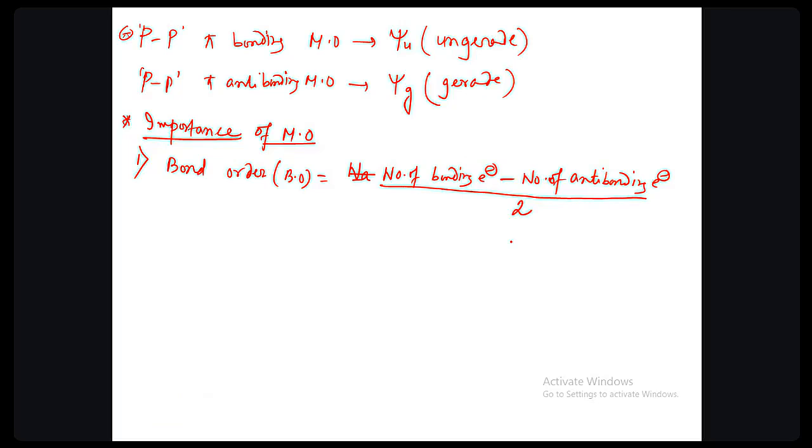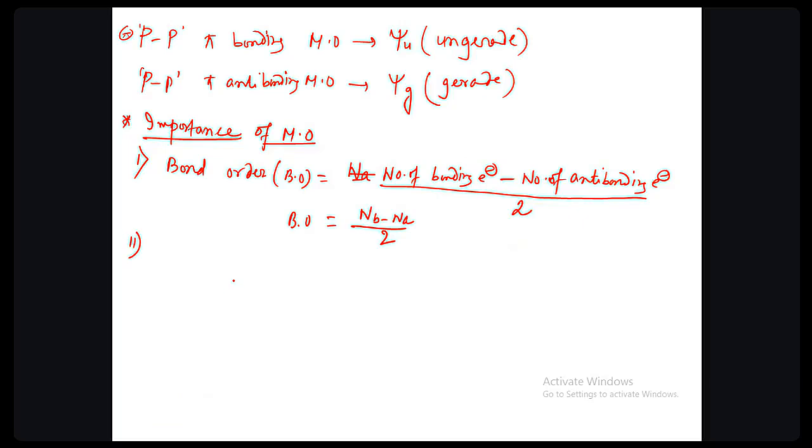That means bond order equals (Nb minus Na) divided by 2. That is the first thing.